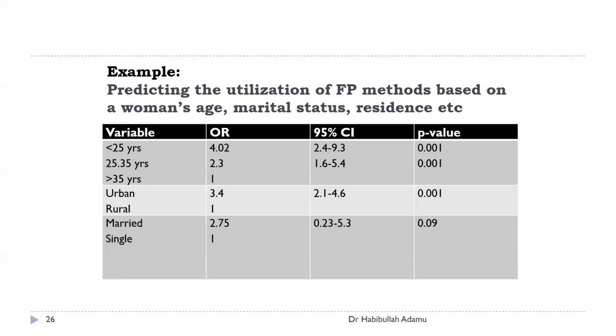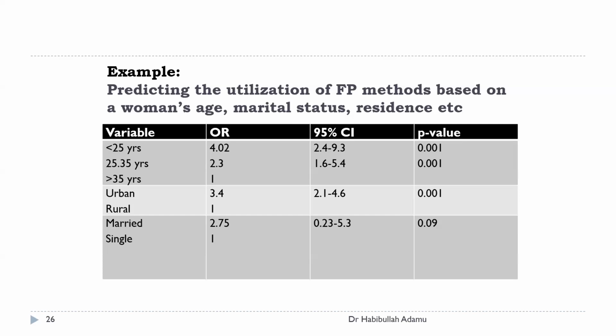Not statistically significant, because one of the requirements has not been met. We say for confidence interval, for something to be statistically significant based on confidence interval, at least 2 factors must be met. 1, that value must be found within the range of the confidence interval. 2, the range of the confidence interval should not include 1. So this one has included 1, and that is why it is not statistically significant.